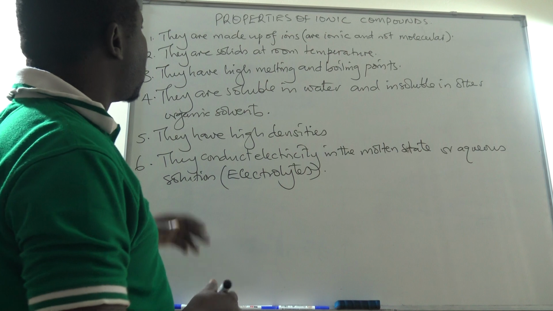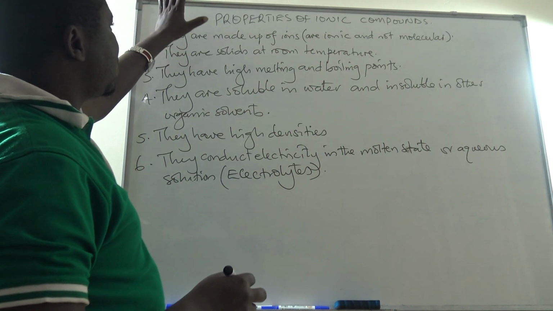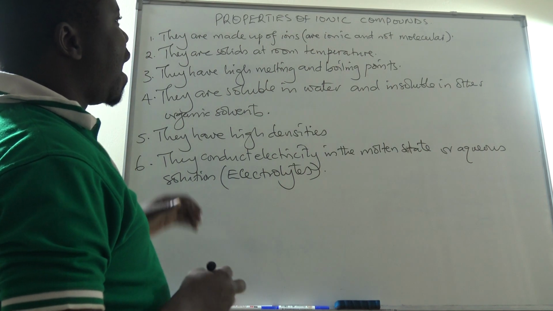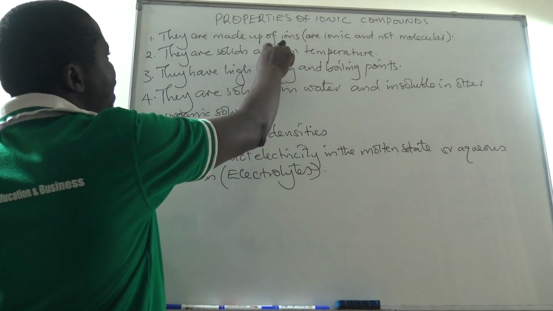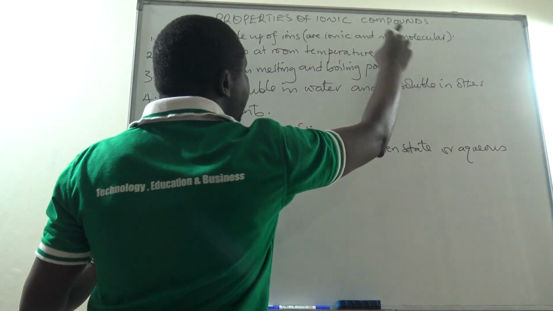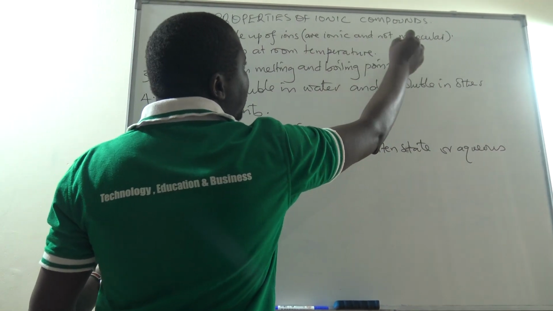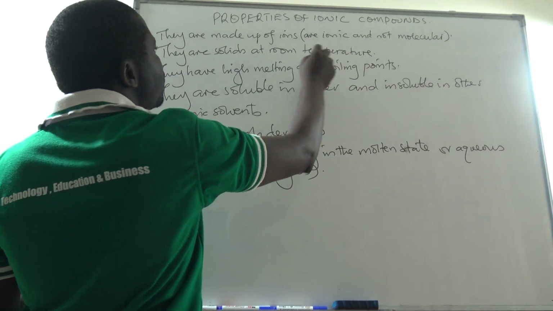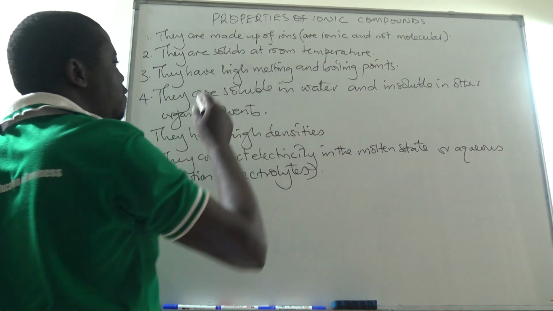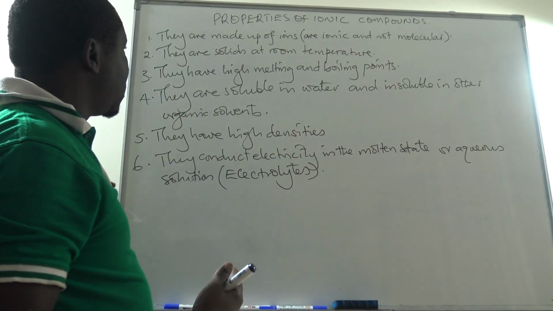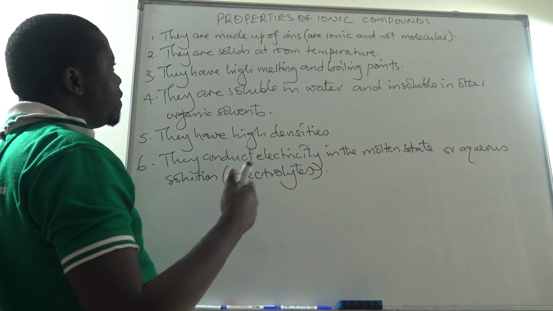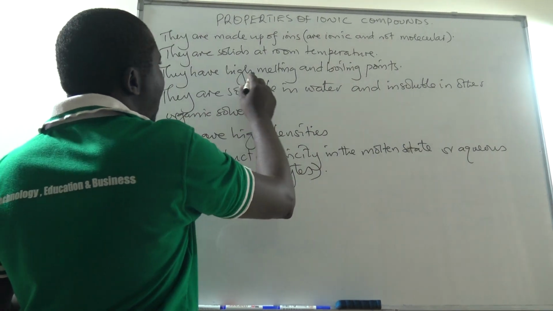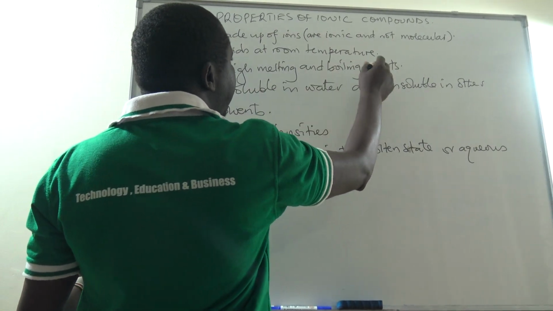So we have seen the properties or the characteristics of the ionic compounds. They are made up of ions and not molecules, meaning that they are ionic and not molecular. They are solids at room temperature, and in most cases you find them existing as crystals. They have high melting and boiling points.